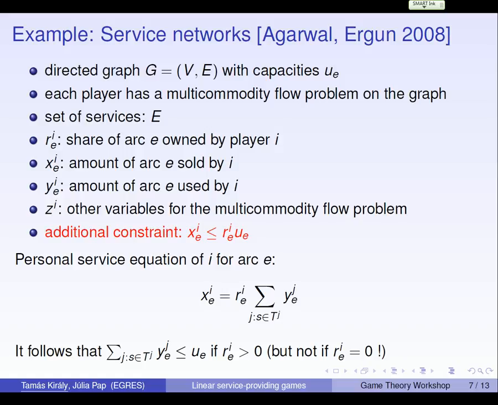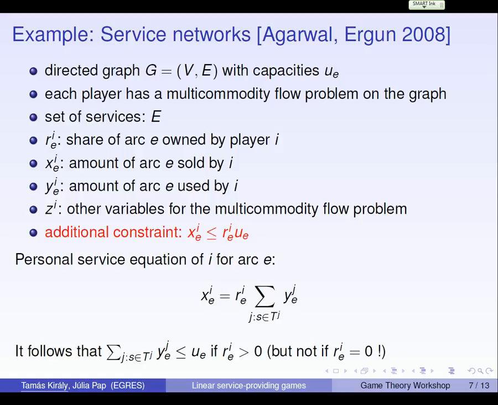And if you look at these, it actually works because if the solution is feasible for player I, then this is satisfied, and also this is satisfied. So it means that the total capacity used is at most the capacity of that edge.